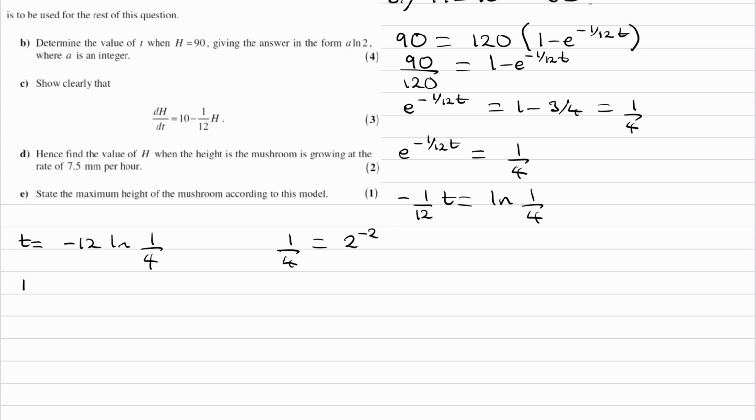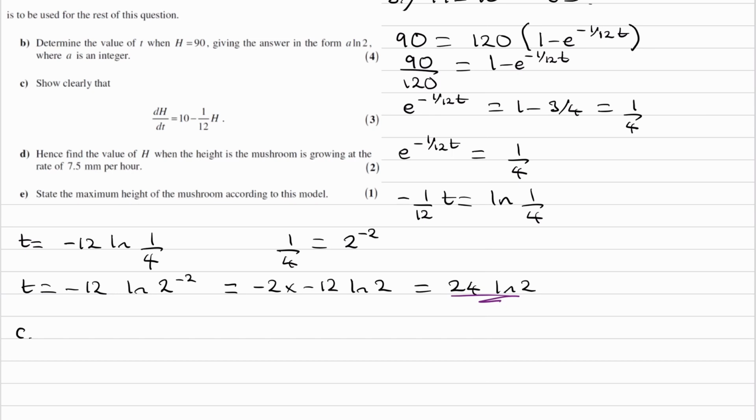So then this becomes minus 12 ln 2 to the minus 2. And then we can use the power law to take out this minus 2. So it becomes minus 2 times minus 12 ln of 2. And that then becomes 24 ln 2, which is our answer.